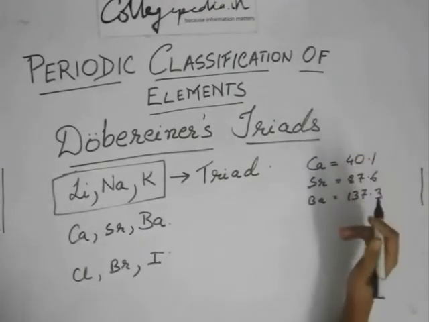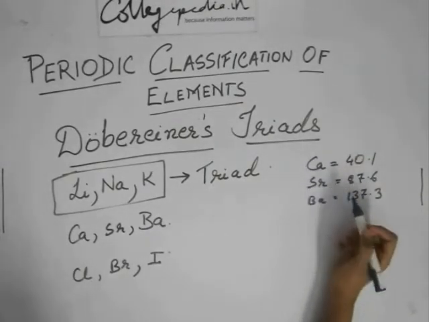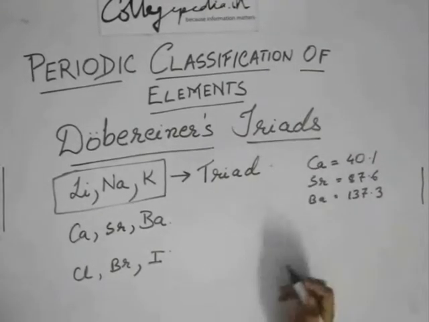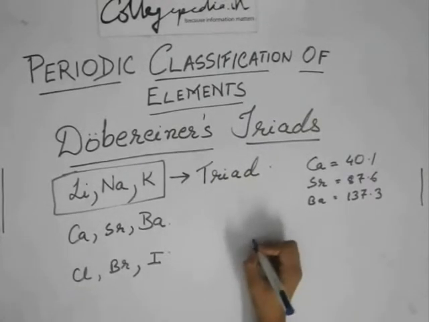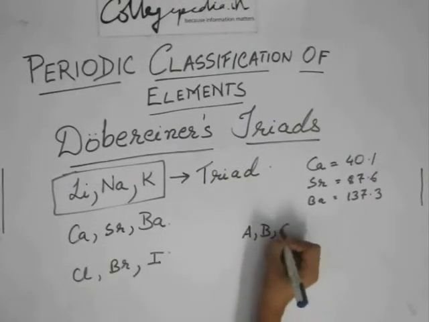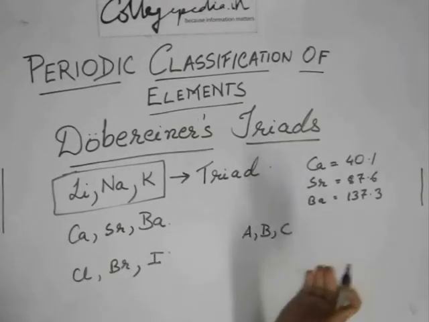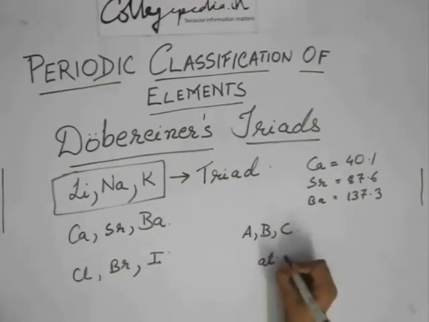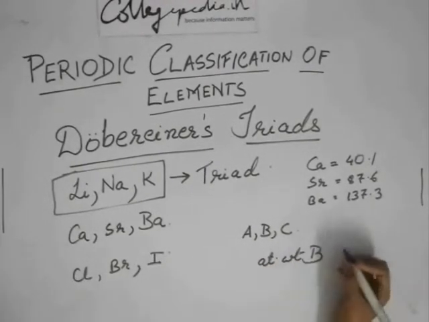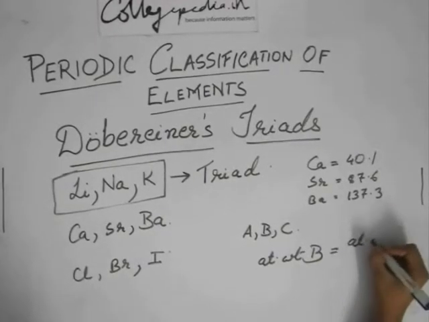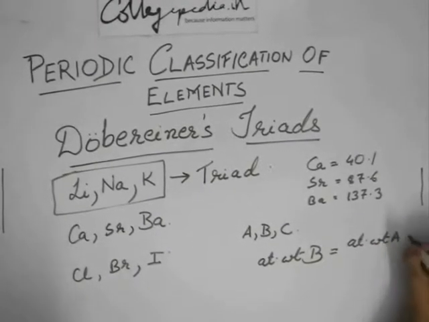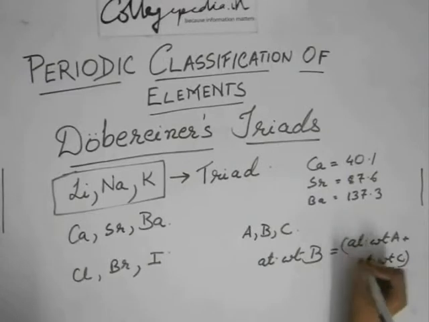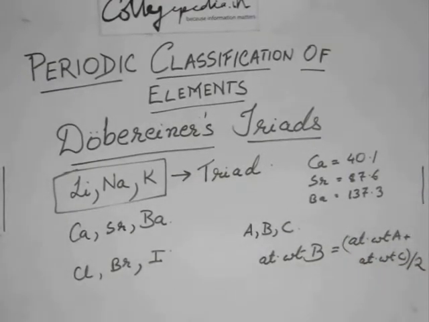So the atomic weight of strontium is roughly the average of atomic weights of calcium and barium. So Dobereiner's formula was that if A, B and C are a Dobereiner's triad, then atomic weight of B will be equal to atomic weight of A plus atomic weight of C divided by 2.